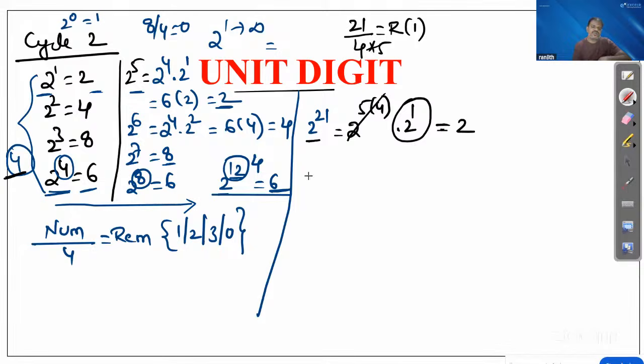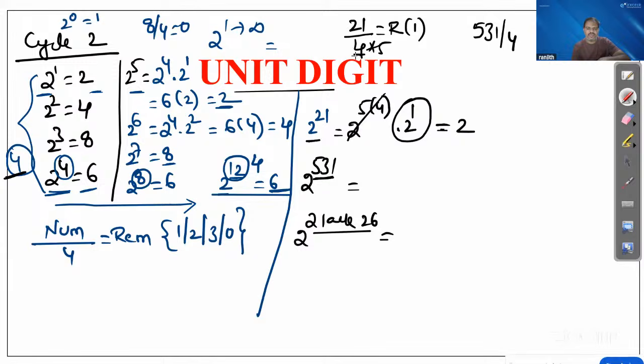Next, 2 power 531. What is the units place? We divide 531 by 4. Whatever the power we have, we divide by 4.